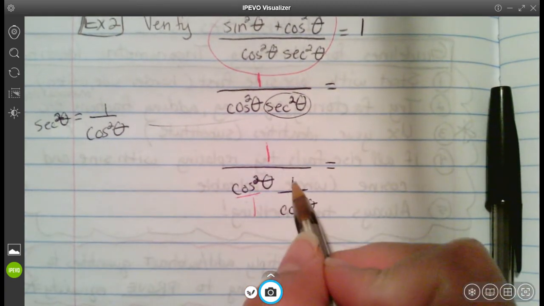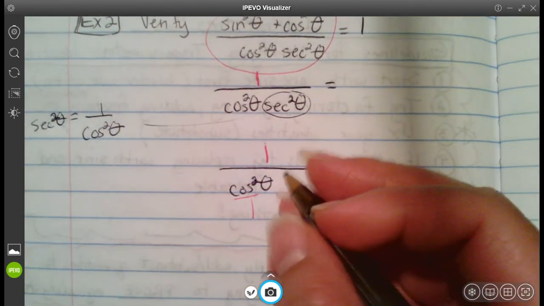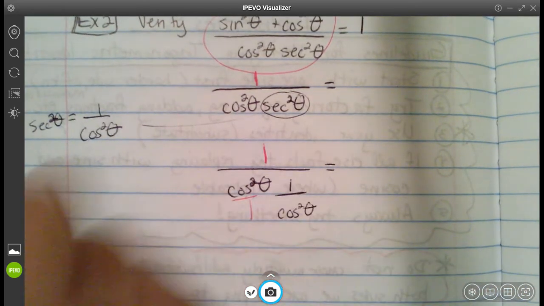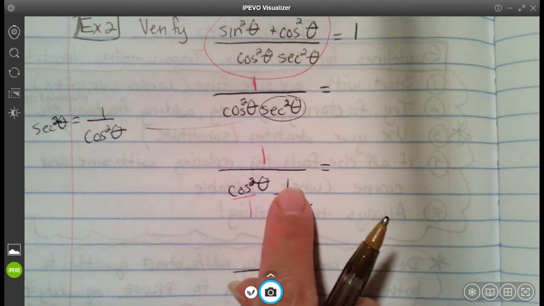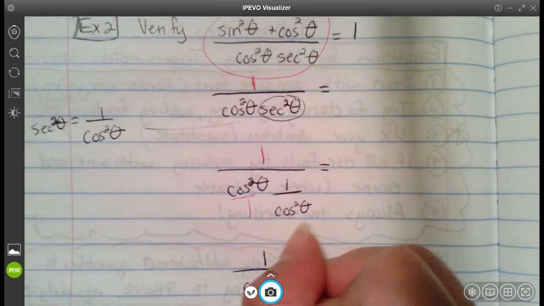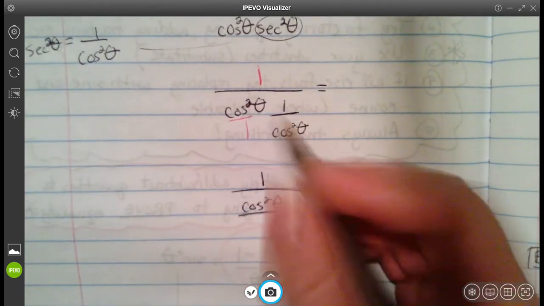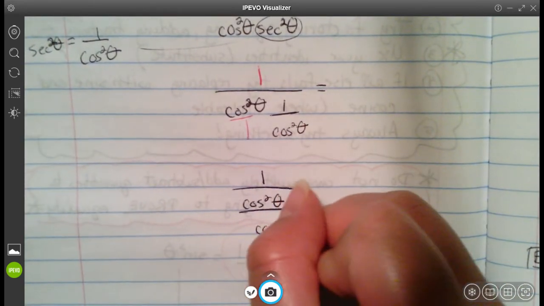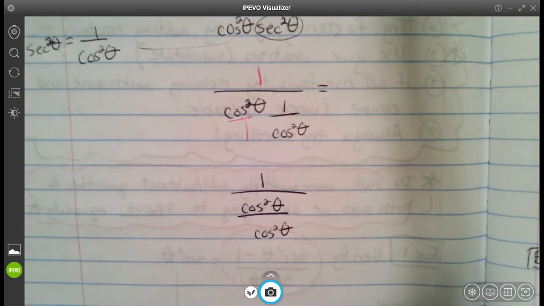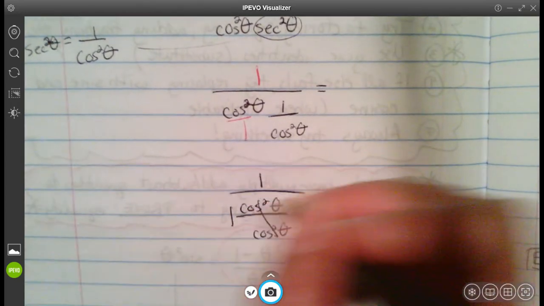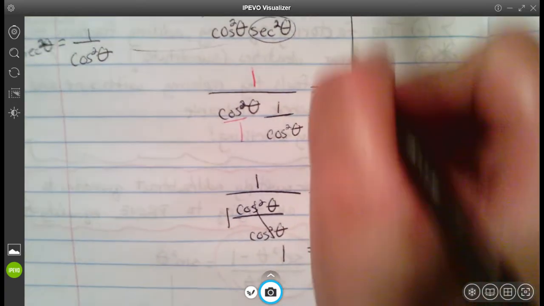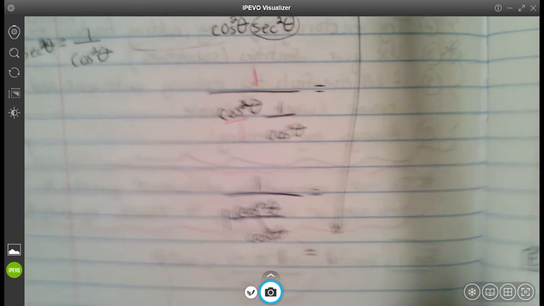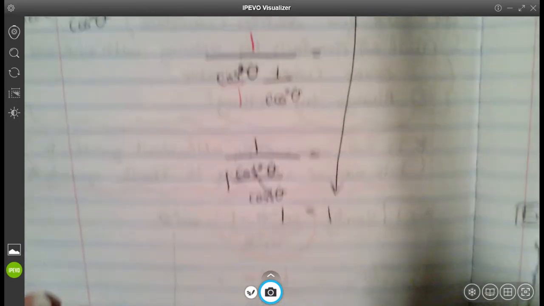You can see that if we multiply these two, we're going to end up with, let me rewrite this, 1 over cosine squared theta times 1, which is cosine squared theta, over 1 times cosine squared theta, which is also cosine squared theta, which is 1. 1 divided by 1 is 1. And I have proved once again equality.